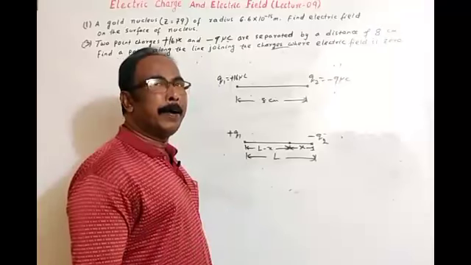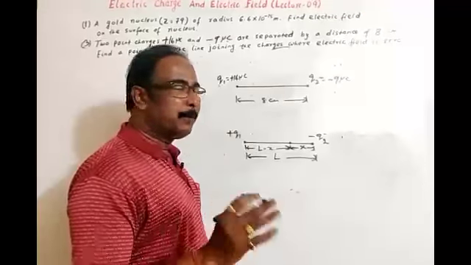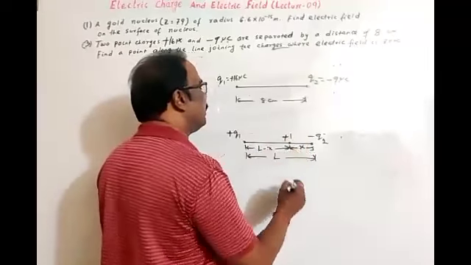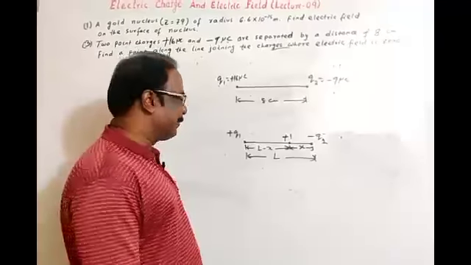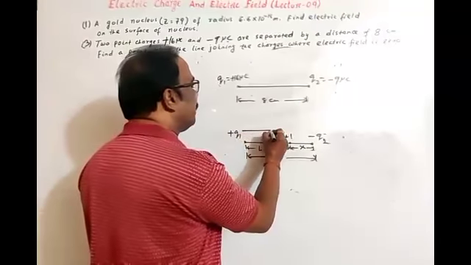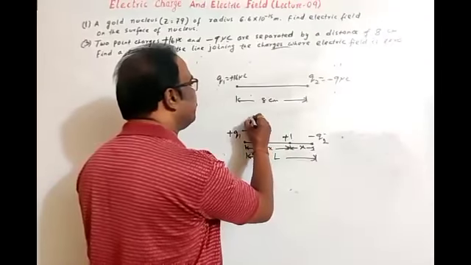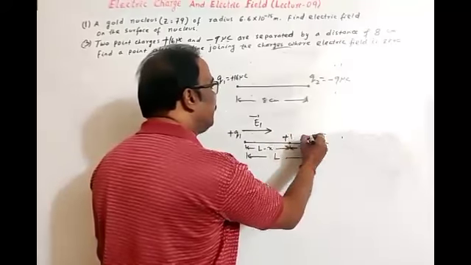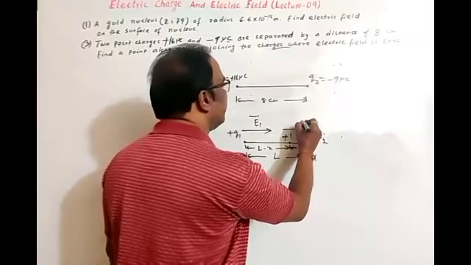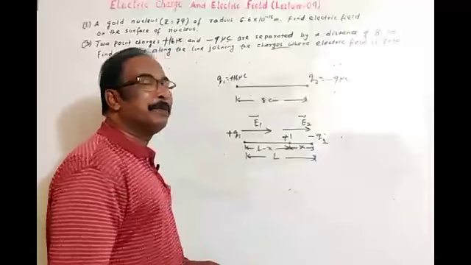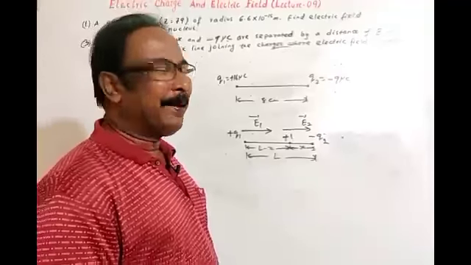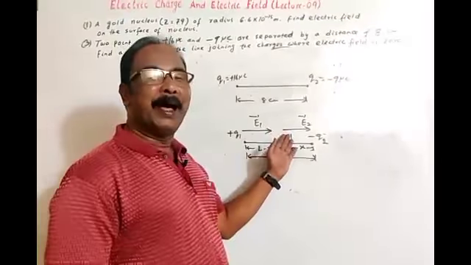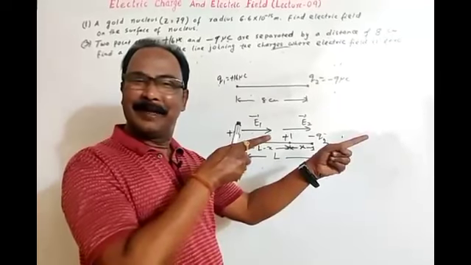Again, to find the electric field intensity, we have to place a unit positive charge. Let's place a unit positive charge. Plus q1 will repel it; let the intensity be E1. Minus q2 will attract the unit positive charge; let the field intensity be E2. What happened? Here E1 and E2 are in the same direction.